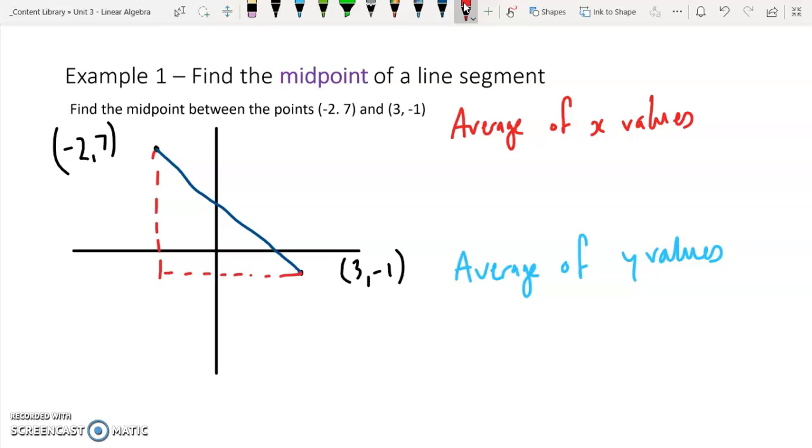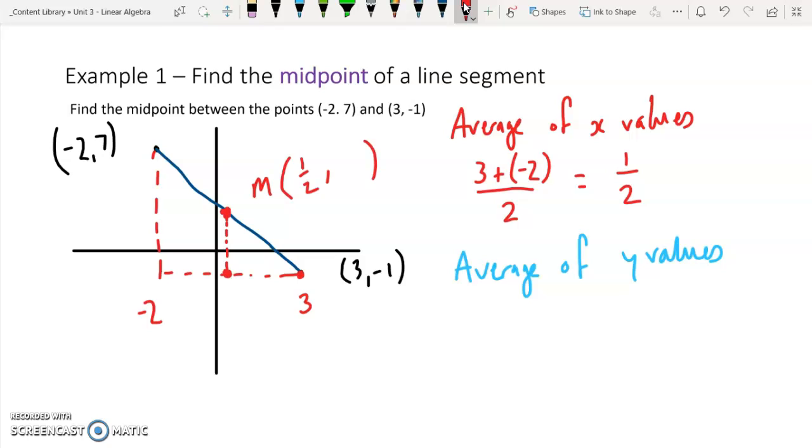We have a point here, our x value here is 3, our x value here is -2, so halfway between those 2 points is 3 plus -2 divided by 2, which is equal to 1 over 2. You can see here, approximately half.